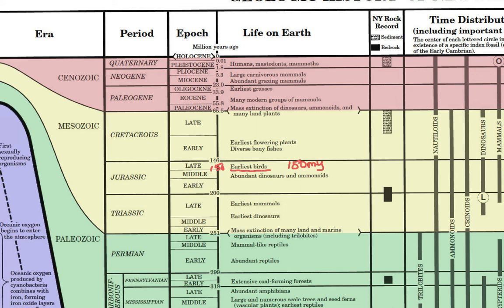All right. Dinosaurs. The earliest of them started right here, earliest dinosaurs. So that's halfway between 200 and 251, about 225. And they went extinct, mass extinction of dinosaurs right here, which was 65 million years ago. So 225 minus 65.